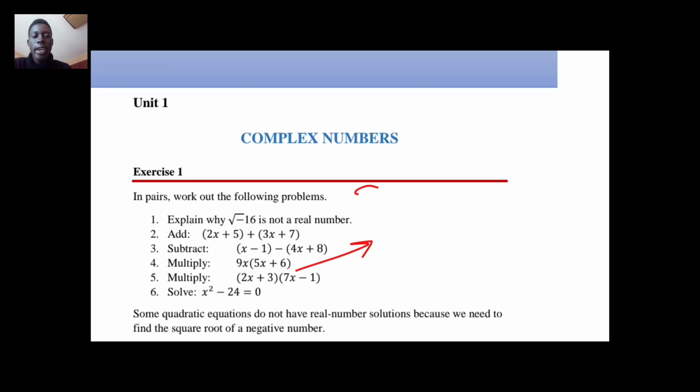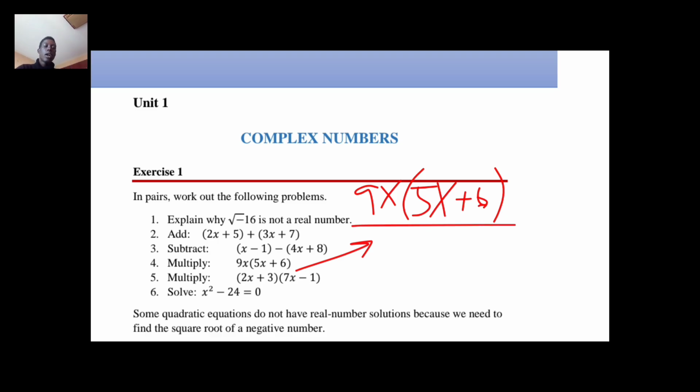We have 9x outside the bracket, 5x plus 6. Here you are working out, you are multiplying 9x with the two terms inside the bracket, because these are not like terms, so you multiply 9x by all of them inside.